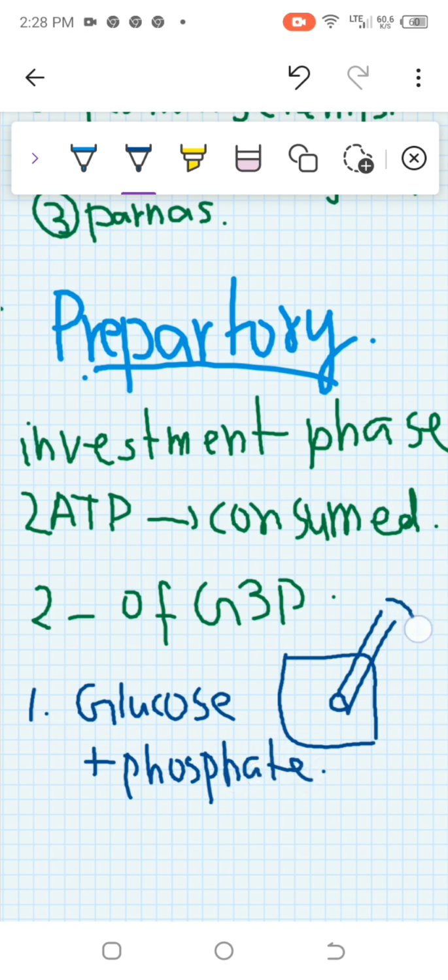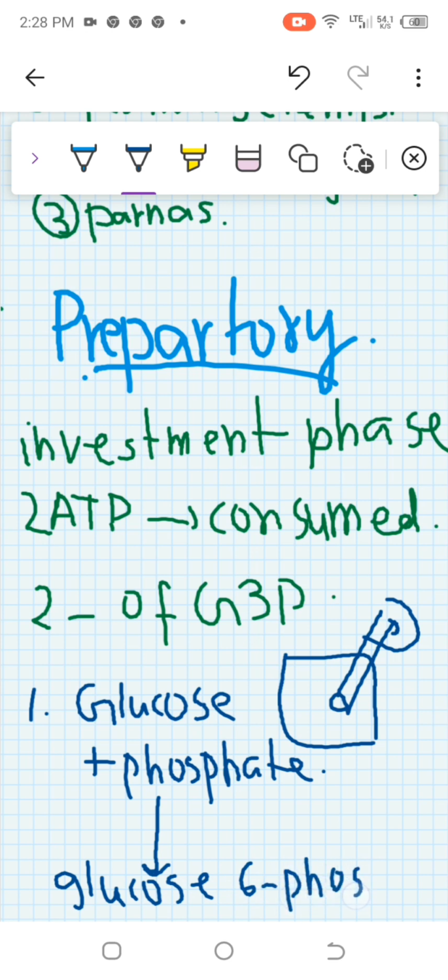This straw is basically the phosphate. We add the phosphate, and this will convert into glucose 6 phosphate. Glucose has 6 carbons and we have added one phosphate.